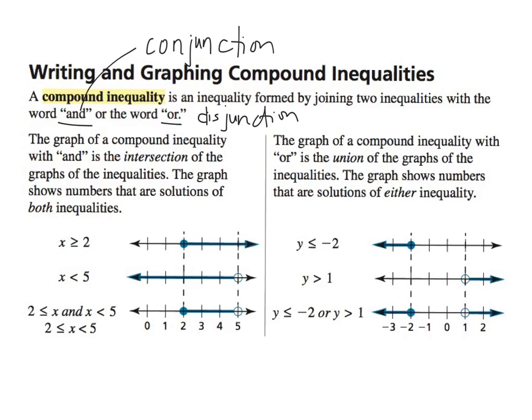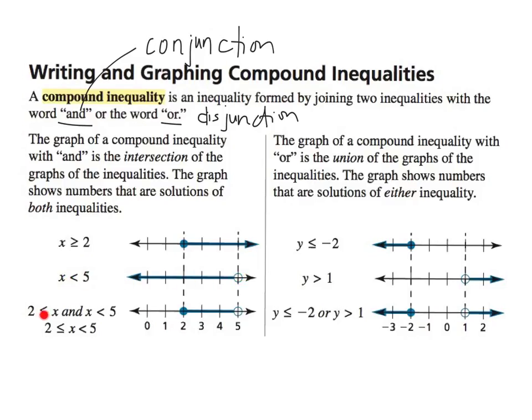So here's what it means. The graph of a compound inequality with "and" is the intersection of the graphs. That means where do the graphs overlap? So if I wanted to do "and," let's just look at this. You don't need to write this down right now. Just look. x is greater than or equal to 2. That means I'd have a closed dot on 2, shade to the right. x is less than 5, open dot on 5, I shade to the left.